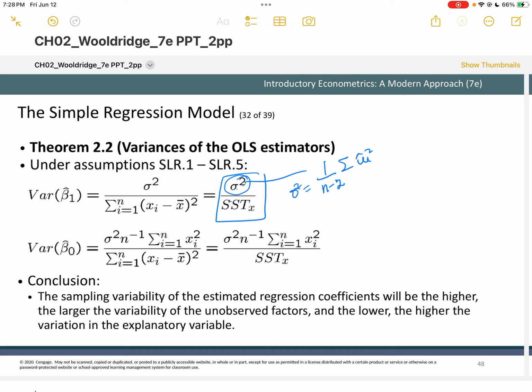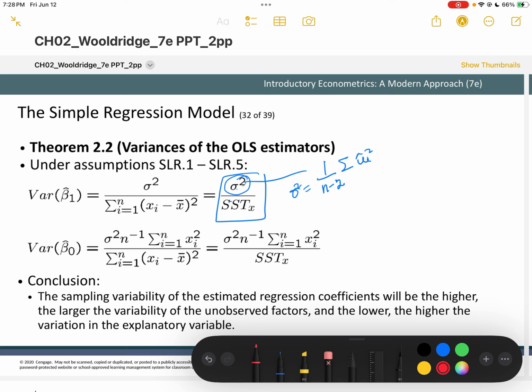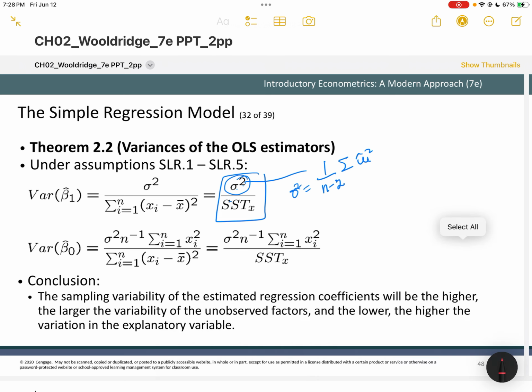The smaller your sum of squares total, meaning the smaller the variation in your explanatory variables, where they are all sort of close to 12 or equal to 12, where 12 is their mean, the larger the variance of your beta 1 hat.